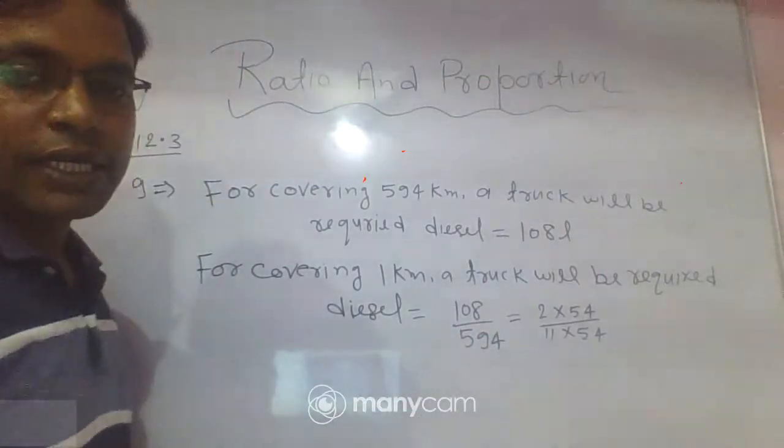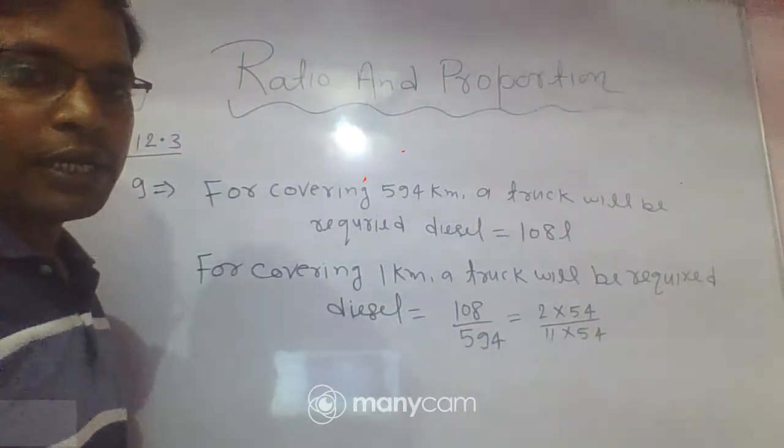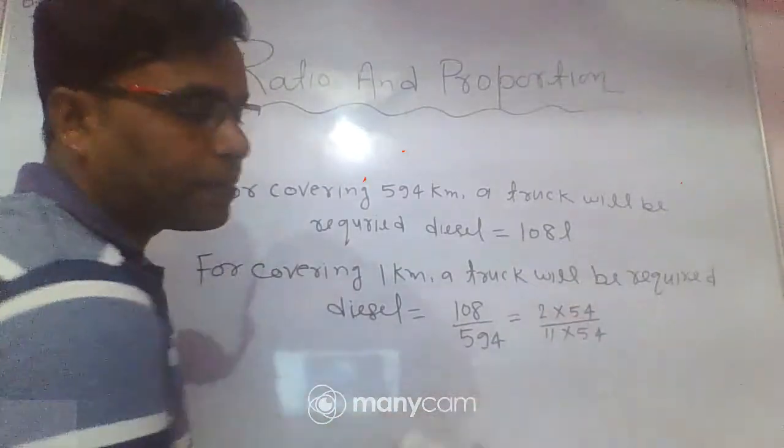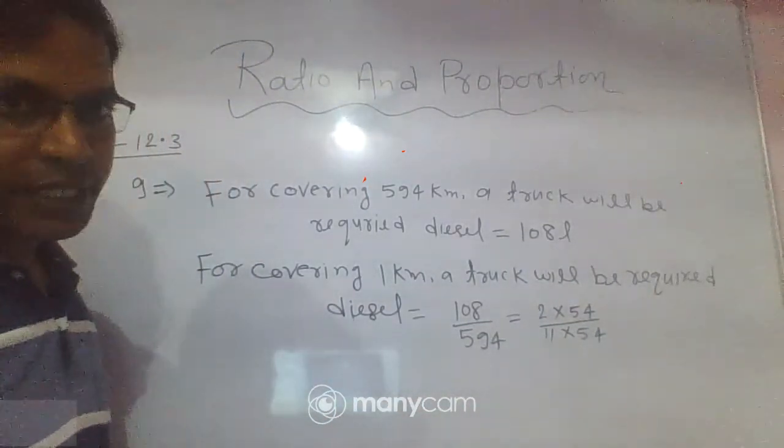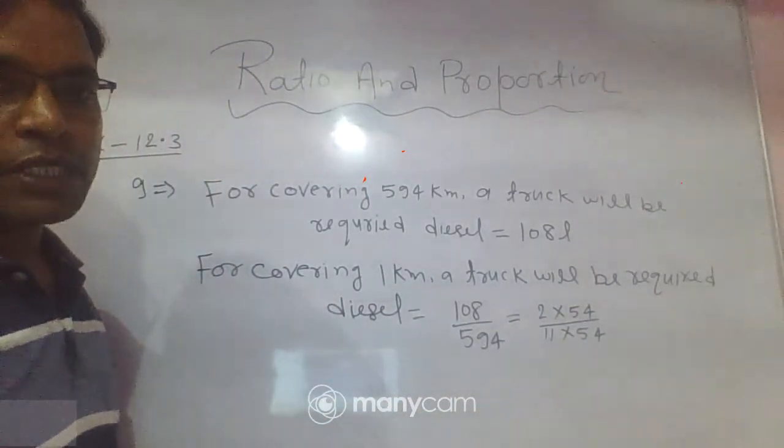So here 108 you can write as 2 into 54, and 594 we can write as 11 into 54.